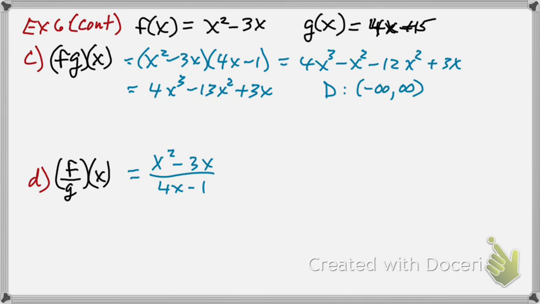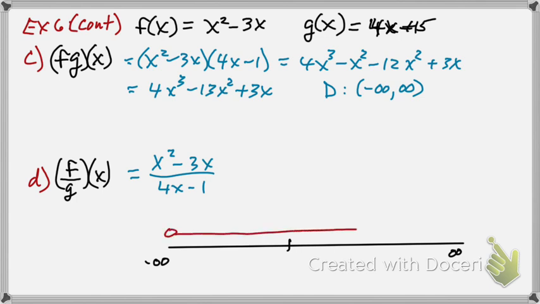Okay, so if I diagram this like we did before and said here's 0, here's negative infinity, just like we've been doing, then F would have this, G would have this, but what can X not be?